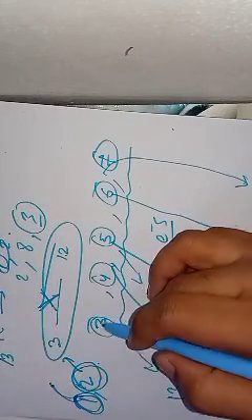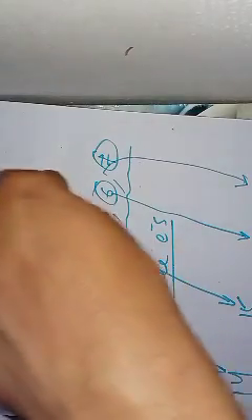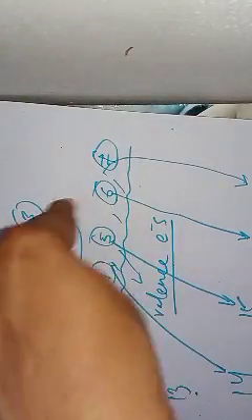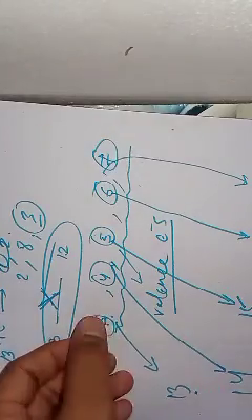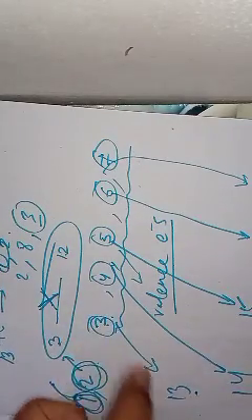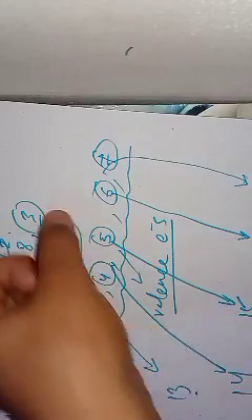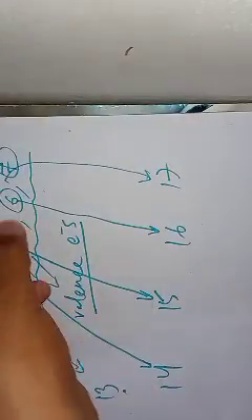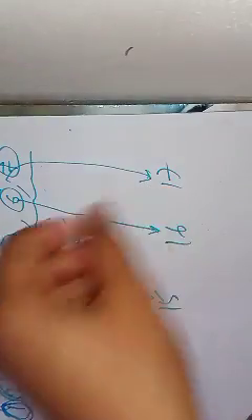But if it has 3 electrons in the outermost shell, it will not belong to the third group, because I said groups from 3 to 12 will not be studied. So 3 valence electrons means 13th group, 4 valence electrons means 14th group, 5 means 15th group, 6 means 16th group, 7 means 17th group.